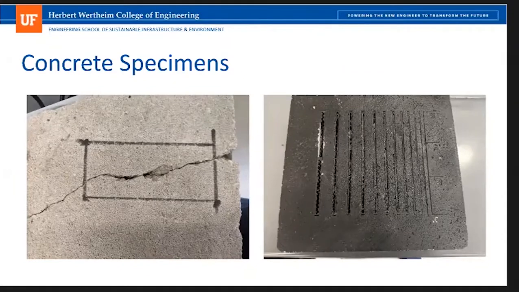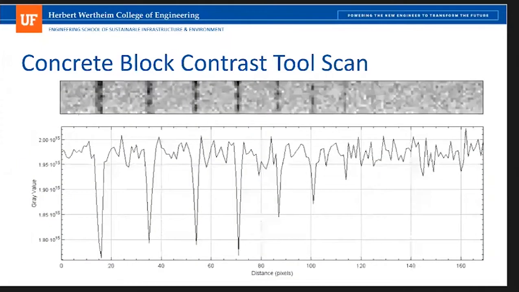And then on the right, we moved into what we call a contrast tool. So these are manufactured cracks of known widths, known depths, so we can really see what the capabilities of our technology are. So going into that concrete block contrast tool, the image on top is a scan across those flaws. And then on the bottom is that matched up with its appropriate gray values.